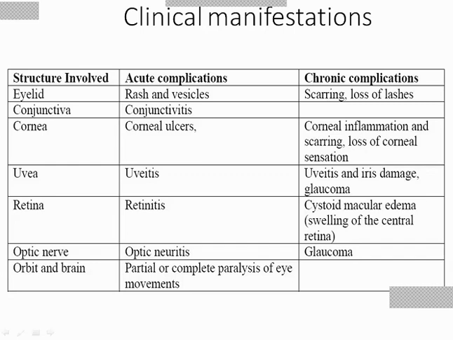Treatment is by appropriate antibiotics, and the blepharitis must be treated properly. How do you treat blepharitis? You have to give a systemic antibiotic like tetracycline or an amoxicillin-cloxacillin combination.